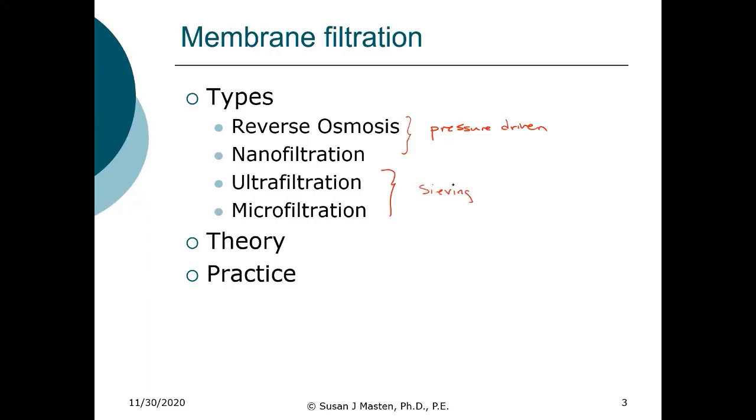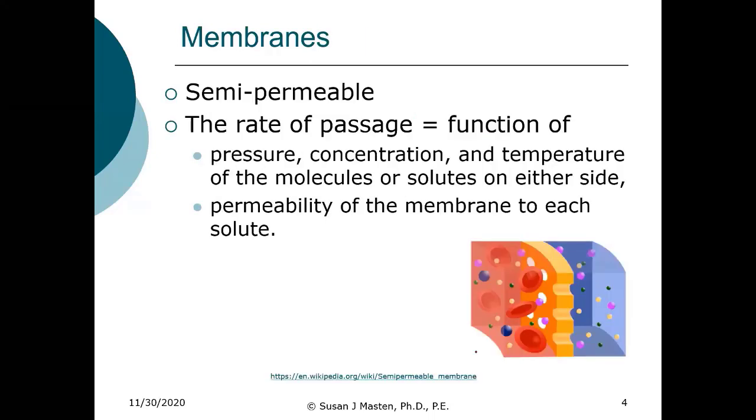There's overlap between those two, and all of these, except microfiltration, require significant pressures, but we can essentially divide it up in that way. Now, all of these involve the use of a semi-permeable membrane. That membrane is permeable to water, and as you'll see, some other substances depending on the membrane type.